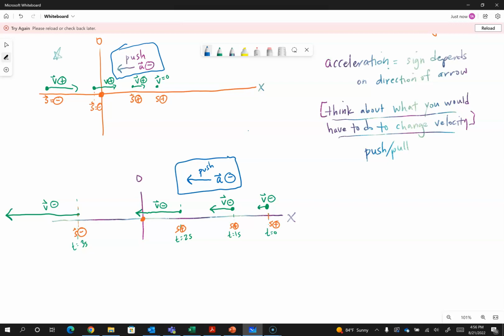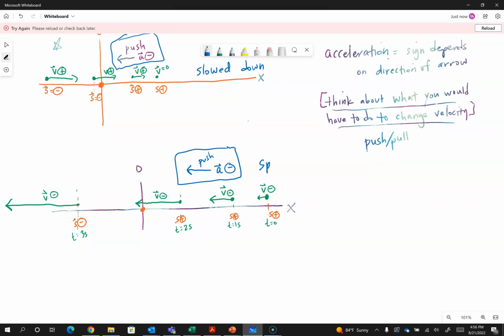In this first case, this object slowed down. The negative acceleration means slowing down in that situation. But in this second situation, this one is speeding up. It's going faster and faster. Yet the acceleration is still negative.